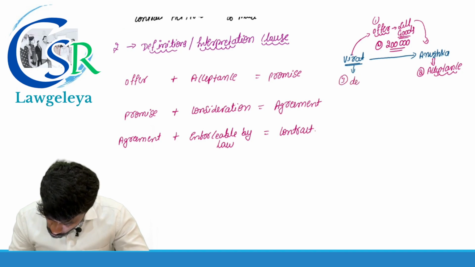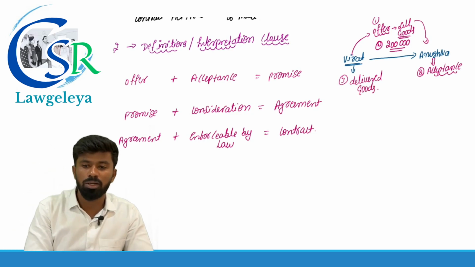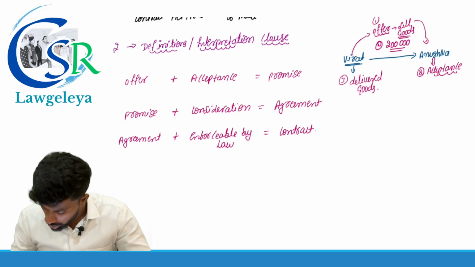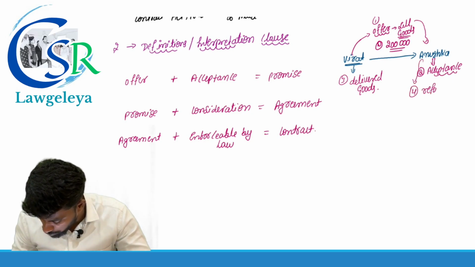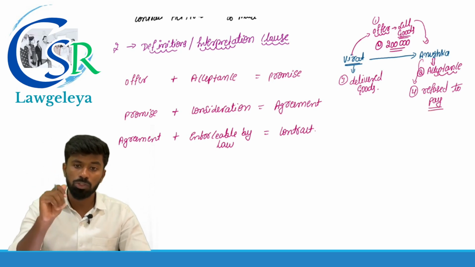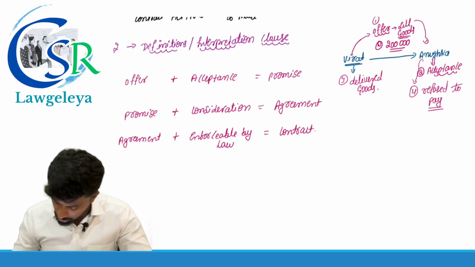Third event: who delivered the goods? Virat delivered the goods to Anushka. Now, who is bound to make the payment? Anushka is bound to make the payment because she made a promise to pay 2 lakh rupees. But now, what does Anushka do? She refused to make the payment. Who refused to pay? Anushka refused to pay, meaning she failed to keep her promise. Now, the question is, what is the legal remedy available to Virat?